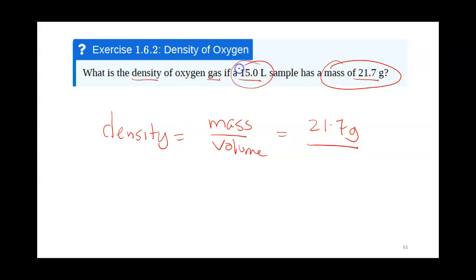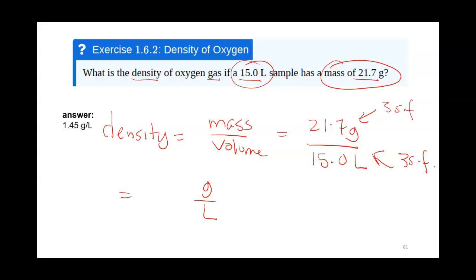And then this must be the volume, which is consistent with the unit label of litres. So we're going to get our answer in grams per litre. Both of these numbers have 3 significant figures, so whatever answer we get from the calculator, we're going to round off to 3 digits. That gives us a density of 1.54 grams per litre.